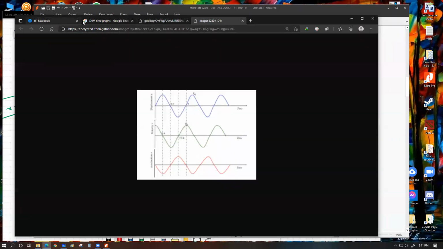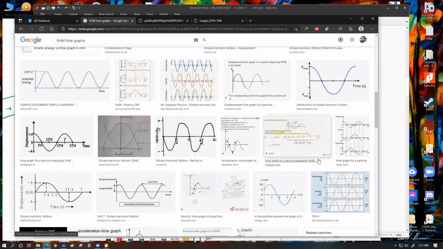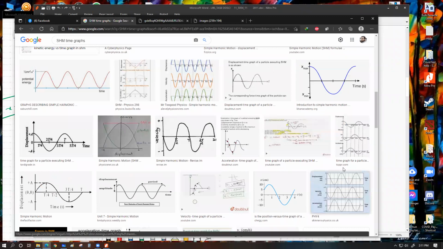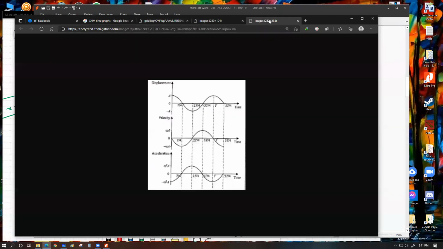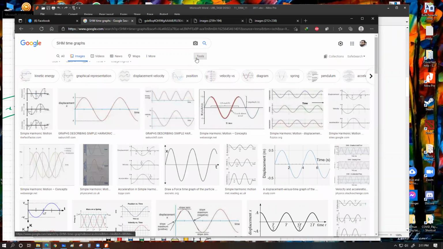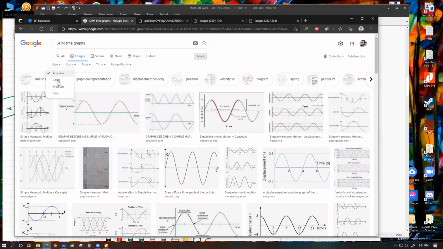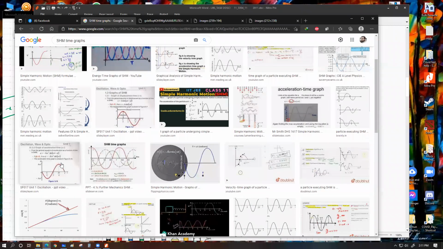Small. Too small. Okay, how about we go to tools, size, large.